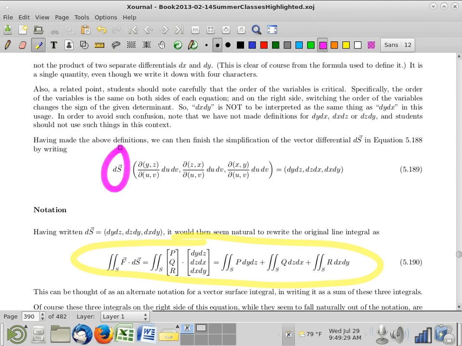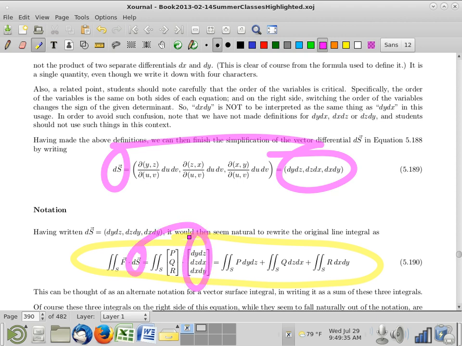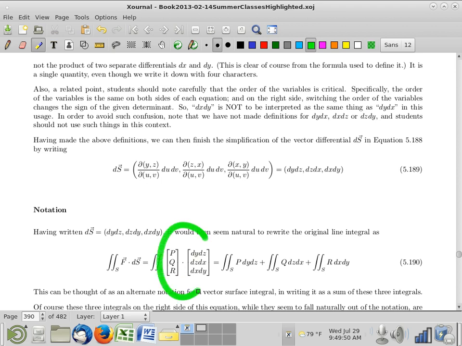So this allows us, having rewritten ds as that, a vector field of which we're doing a vector surface integral. Let's call its components p, q, and r, just like we did before. And notice what we end up with is a dot product.